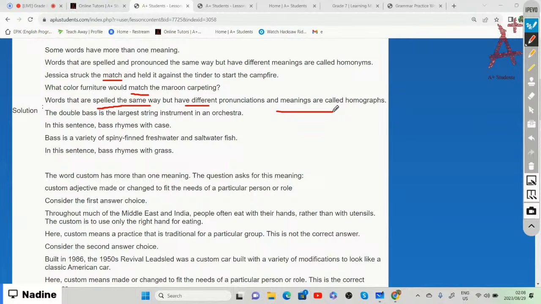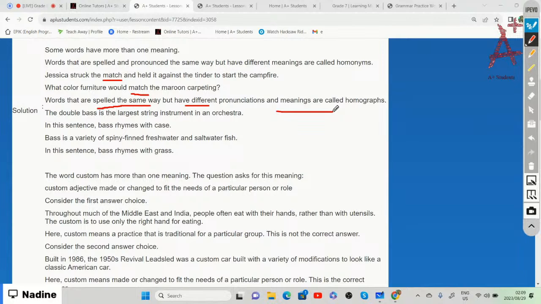And in this sentence, bass rhymes with case. Bass is a variety of spiny, fine, freshwater and saltwater fish, right? And in this sentence, bass rhymes with grass. So it's bass and grass.